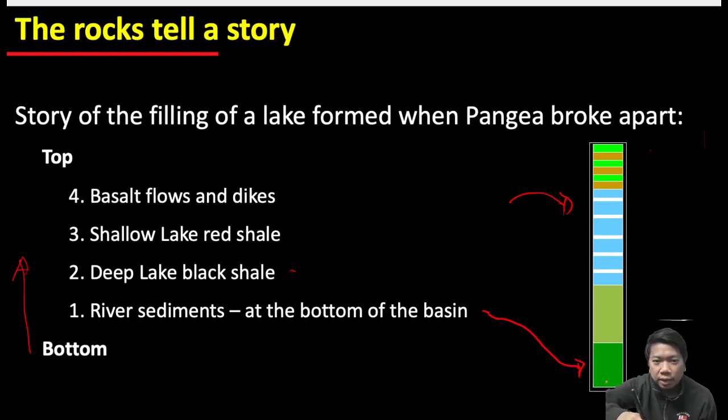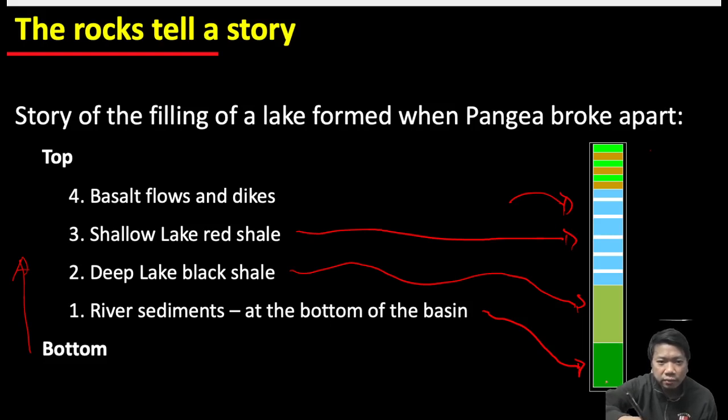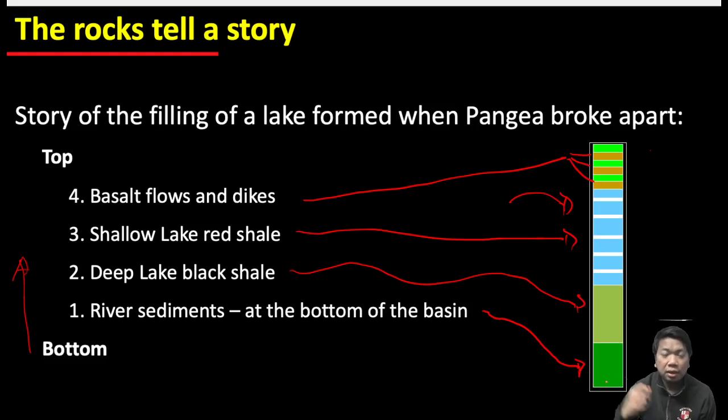And then after that, we get deep lake black shale right there. And then we got some nice successions of shallow lake red shale. And then last but not least, we got three different events of basalt flow at the top section of the Piedmont.